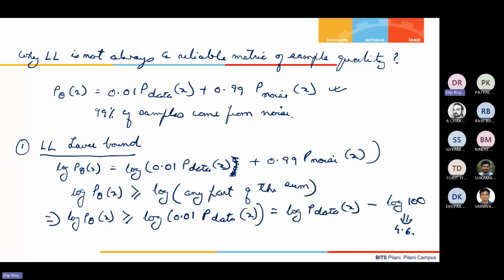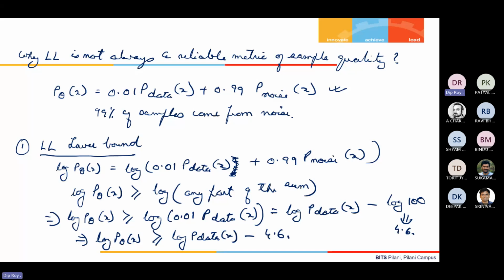Now this quantity, log of 100, is 4.6. What should you take from this equation? Log of p theta x is going to be greater than log of p data x minus 4.6.